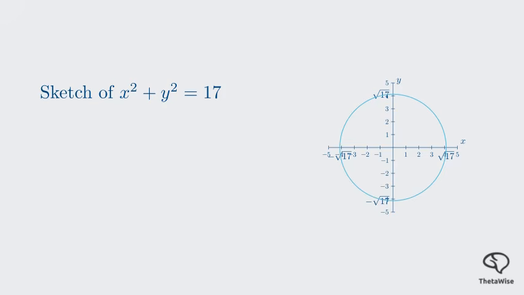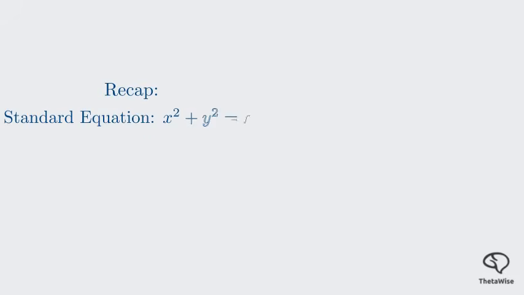You have now successfully sketched the graph of x squared minus 17 equals negative y squared by first rearranging the equation and then identifying its exact radius. Let's take a moment to recap what we've learned and look at the final visual representations of the 2 graphs we just sketched. We started by understanding the fundamental equation of a circle centered at the origin: x squared plus y squared equals r squared.